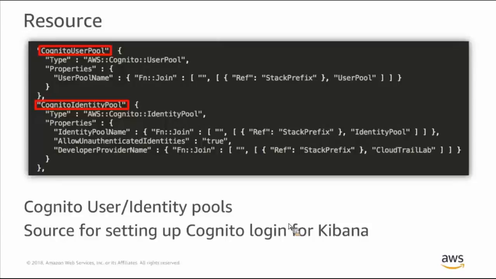So we're creating this here, and a couple of important things. We do have to allow unauthenticated identities. This is so that Amazon Elasticsearch service can configure Cognito to work with the domain.